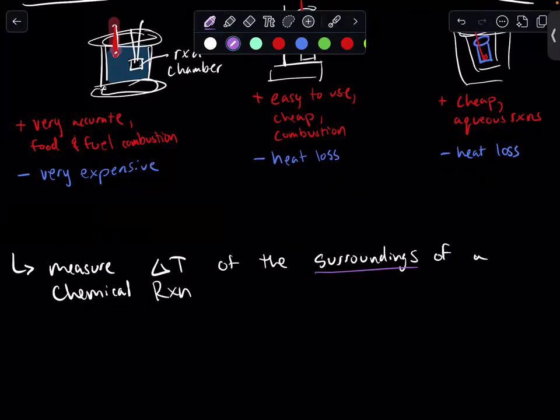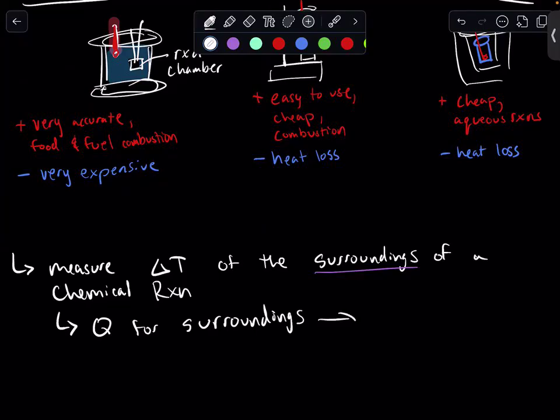You'll notice specifically they're measuring the temperature change of the surroundings. But when we're looking for enthalpy, we want the change of energy of the system. So even though they measure the temperature change of the surroundings, then we get the Q for surroundings. So how do we turn that into delta H of a system? What do we do?